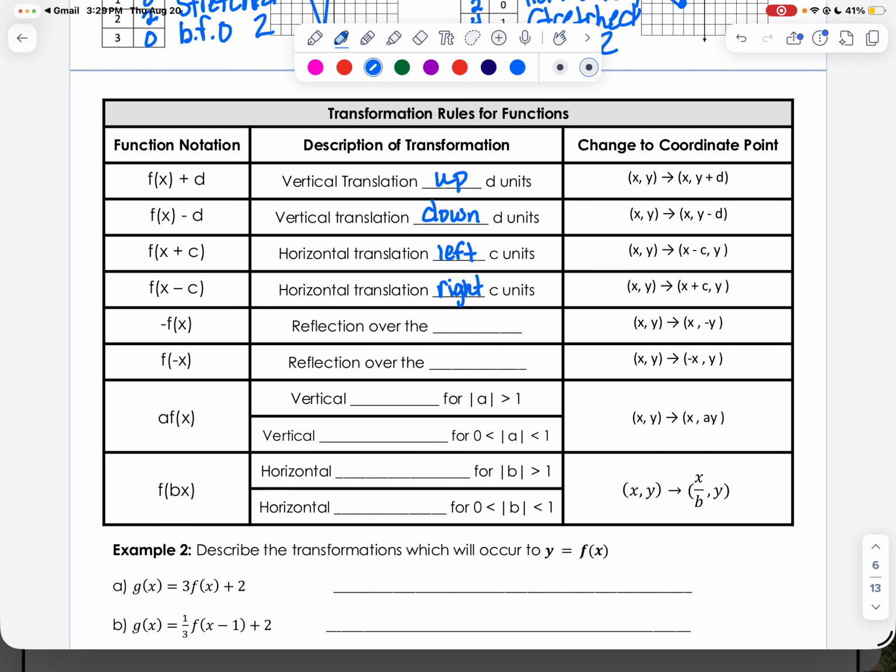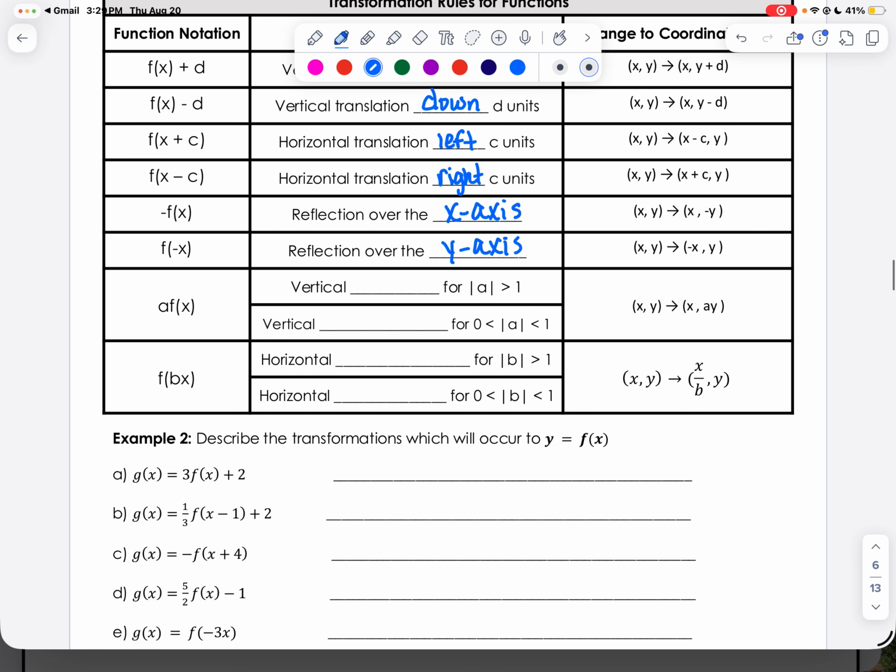If you have a negative in front, that reflects across the x-axis. If you have a negative grouped with the x, it reflects over the y-axis. Now, when you have a number in front or attached to f of x by multiplication, it will vertically stretch when a is greater than 1, or it will vertically compress when a is between 0 and 1.